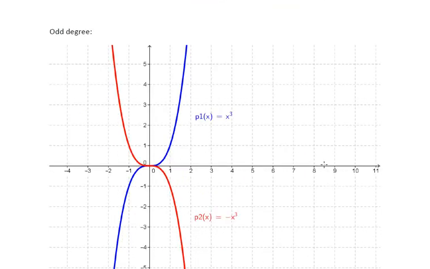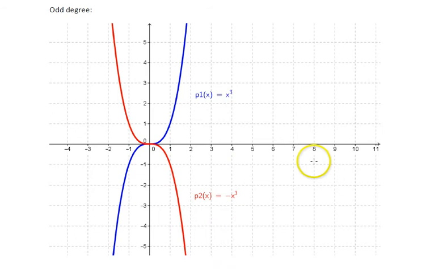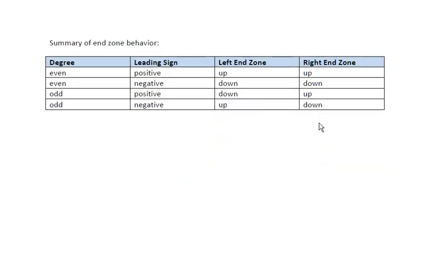If the leading term is an odd degree, the behavior is similar to x to the third. Here, this blue one, here's x to the third. As you go to the left, it's down, and to the right, it goes up. Whereas negative x to the third is up and down. This is summarized in this table with the degree even with a leading sign positive or negative, odd positive and odd negative.